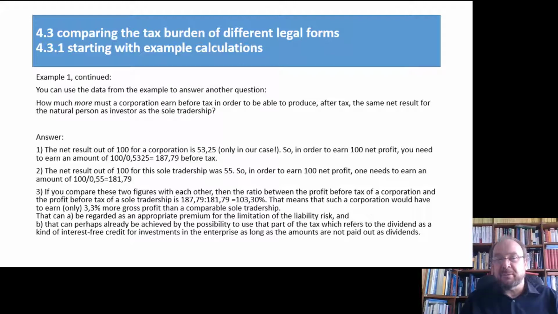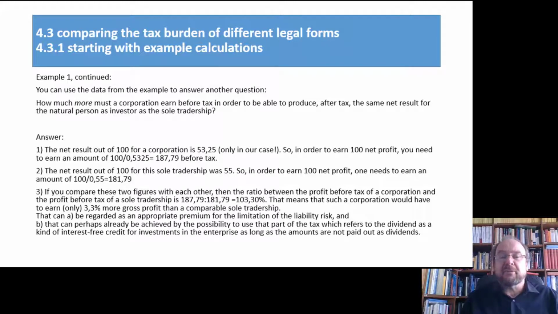You could probably already say, I want to have the limitation of liability. That's worth it for me, paying a premium of 3.3%, or to have to be a bit more productive.